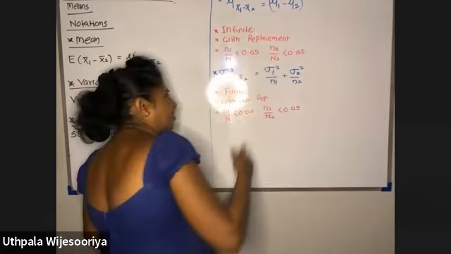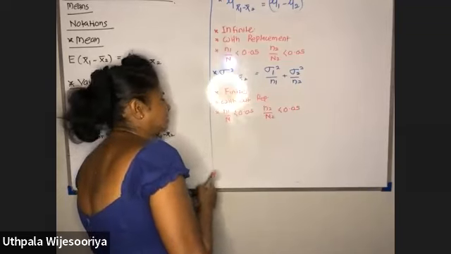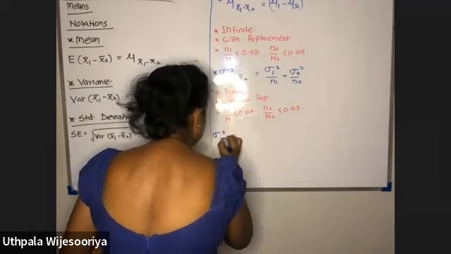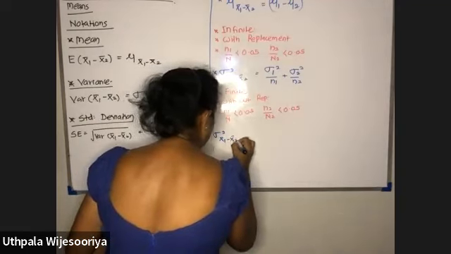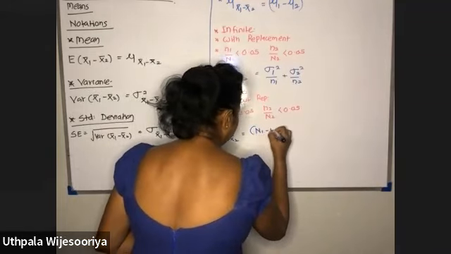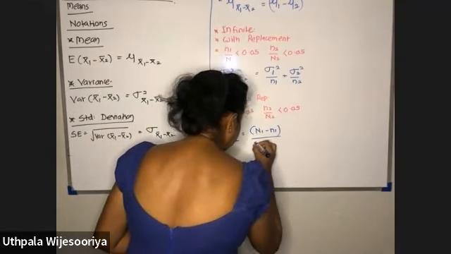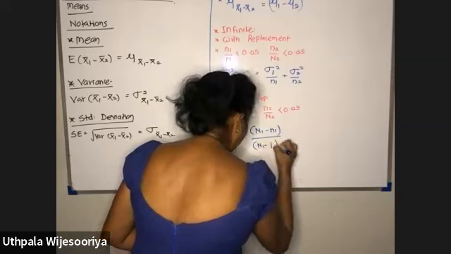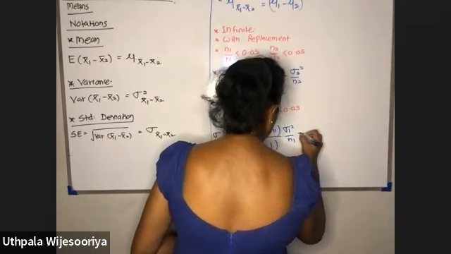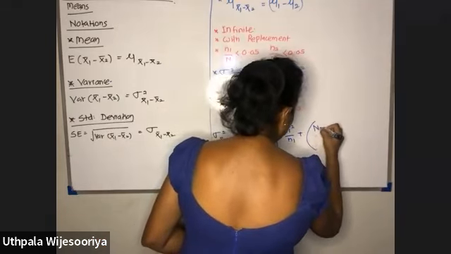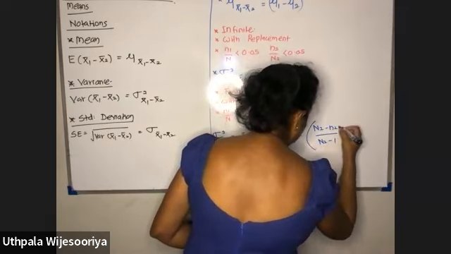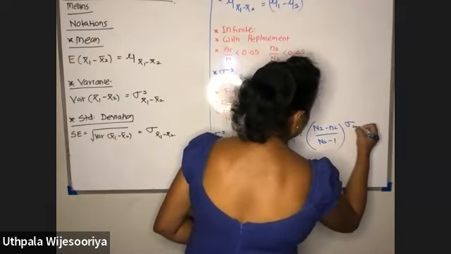We put in their respective correction factors first. So your variance of X bar 1 minus X bar 2 is capital N1 minus n1 over N1 minus 1 into sigma 1 square over n1, plus capital N2 minus n2 over N2 minus 1 into sigma 2 square over n2.